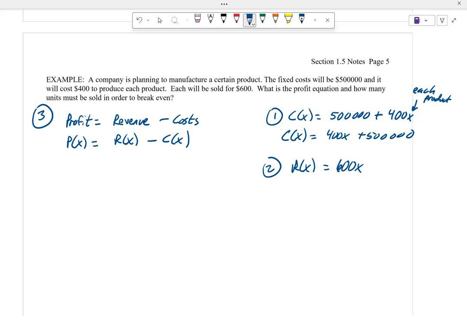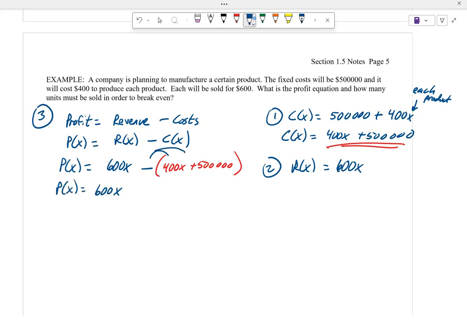Okay. So our profit would be, well, we're selling them for $600 each minus the entire costs, right?